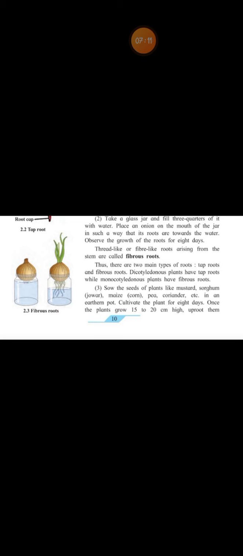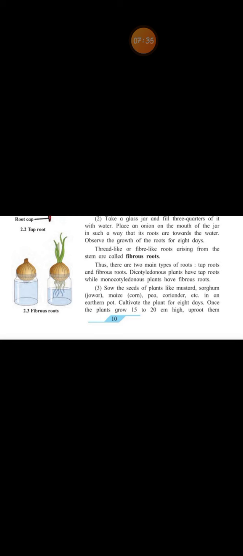So those plants which are dicotyledonous, which have two seeds, they have what? Taproots. And the plants which bear monocotyledons, that is only a single seed, they bear what? Fibrous roots. Okay, children?